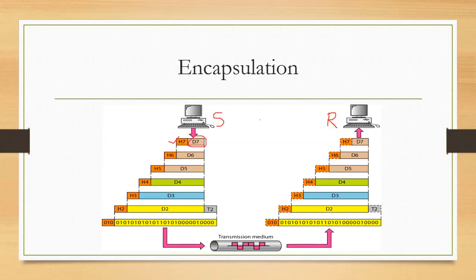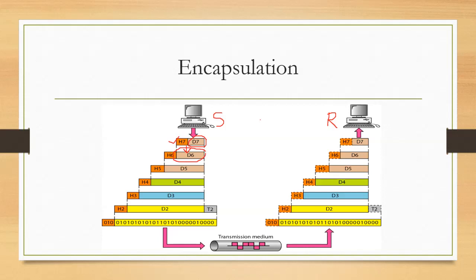Now you can observe in the diagram that at each layer it is adding some header, represented by the letter H. When the data is ready at the application layer, it is given to the lower layer. At the lower layer, the whole of that original data as well as the header of the application layer is treated as the payload, that is, actual data.